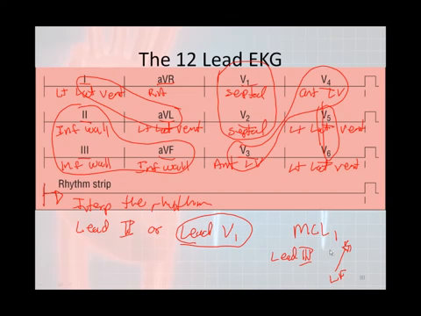This is what would happen to look at the V1 lead. So V1 would be the positive, the left arm would still be considered negative, but it would get us as close to V1 as it would. So rhythm strips are usually, for that reason, lead 2 or lead V1.